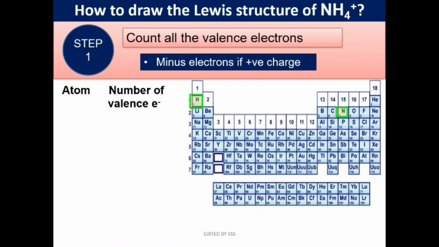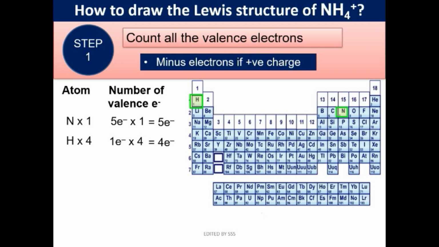Now we are going to draw Lewis structure of polyatomic ion. Step 1. Count all the valence electrons. Nitrogen has 5 valence electrons, while hydrogen has 1 valence electron, and multiply by 4 since ammonium contains 4 hydrogen.